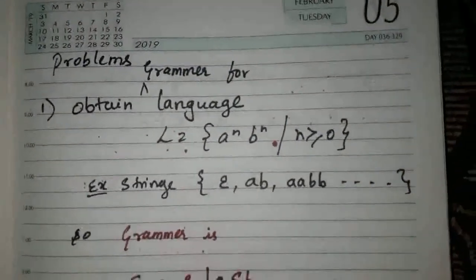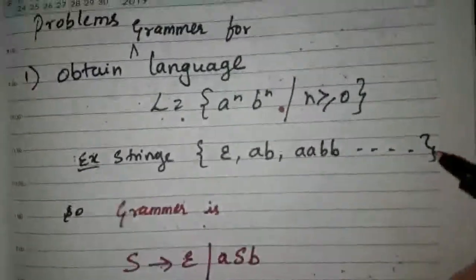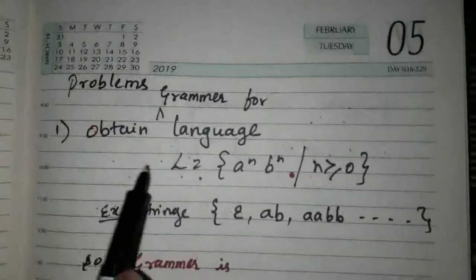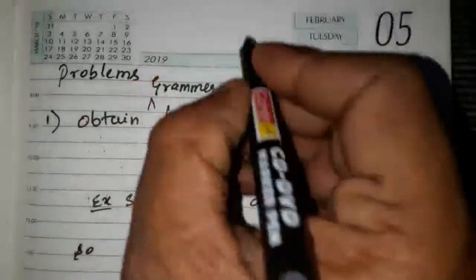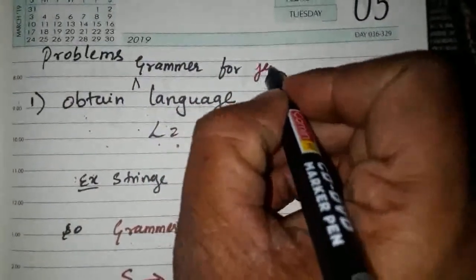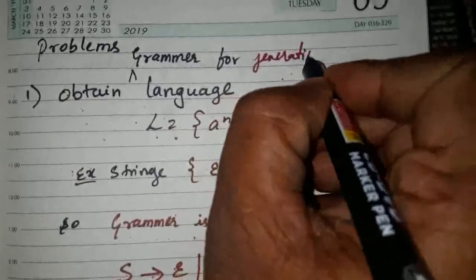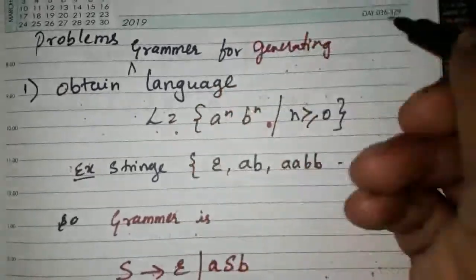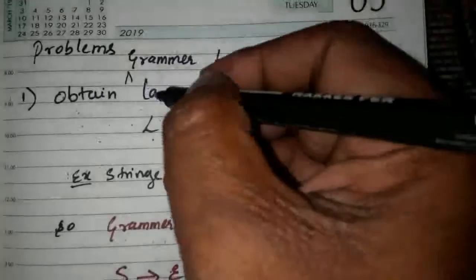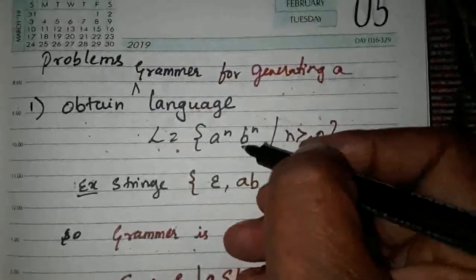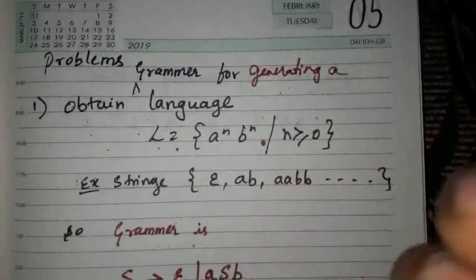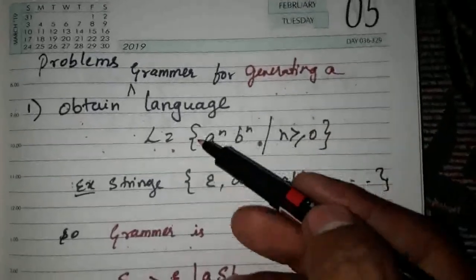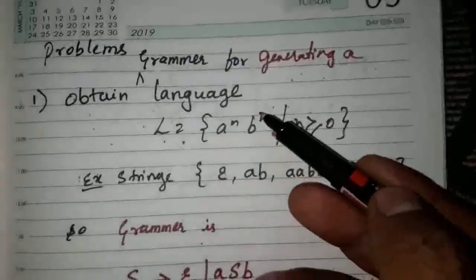Let us see some problems on the grammar. Now look at the problem. The problem we have is: obtain a grammar for generating a language A power n B power n, where n is greater than or equal to 0. That is n number of A's followed by n number of B's.